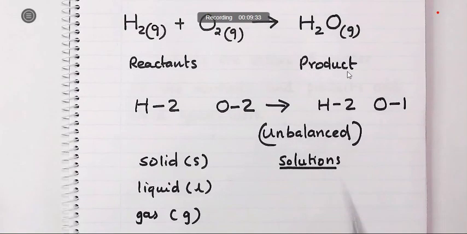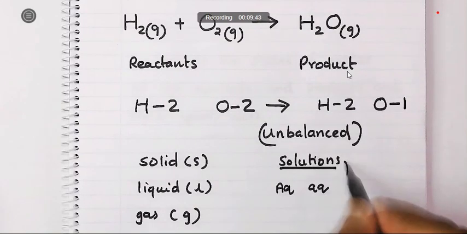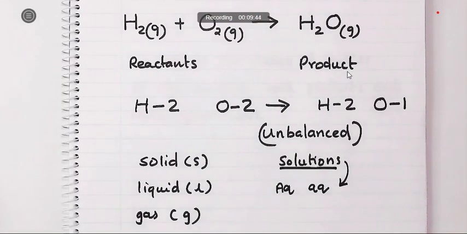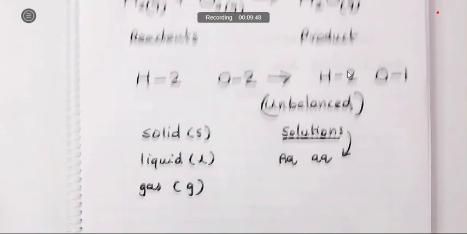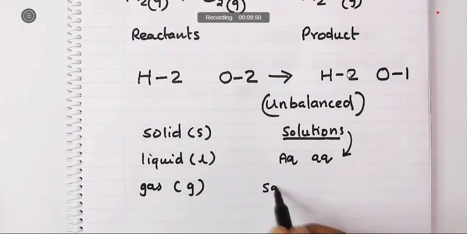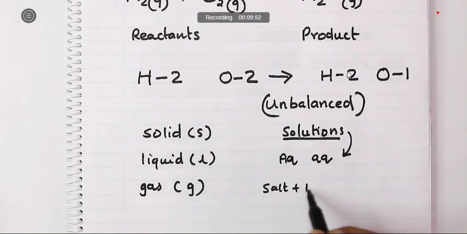And if you have solutions, we use the letters AQ for aqueous solutions. So AQ stands for solutions. An example of a solution is when you take some salt and dissolve it in water.